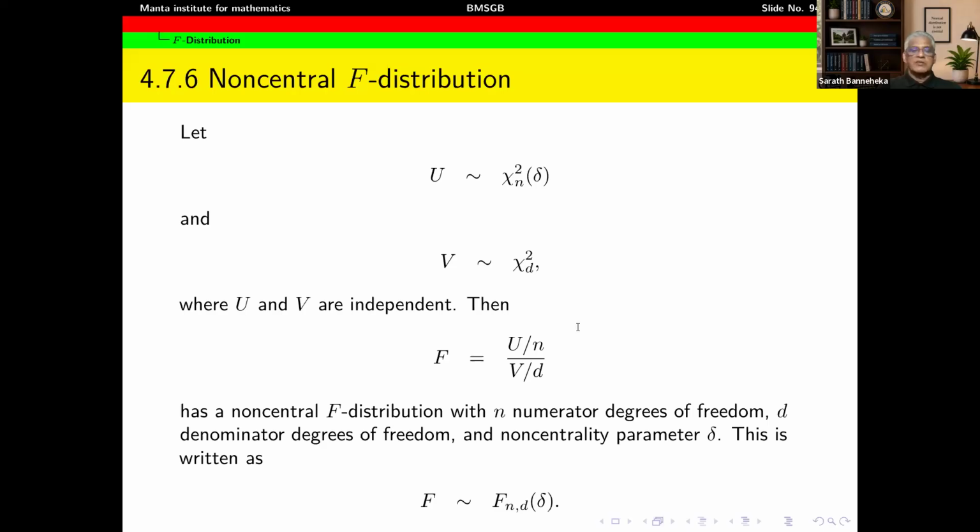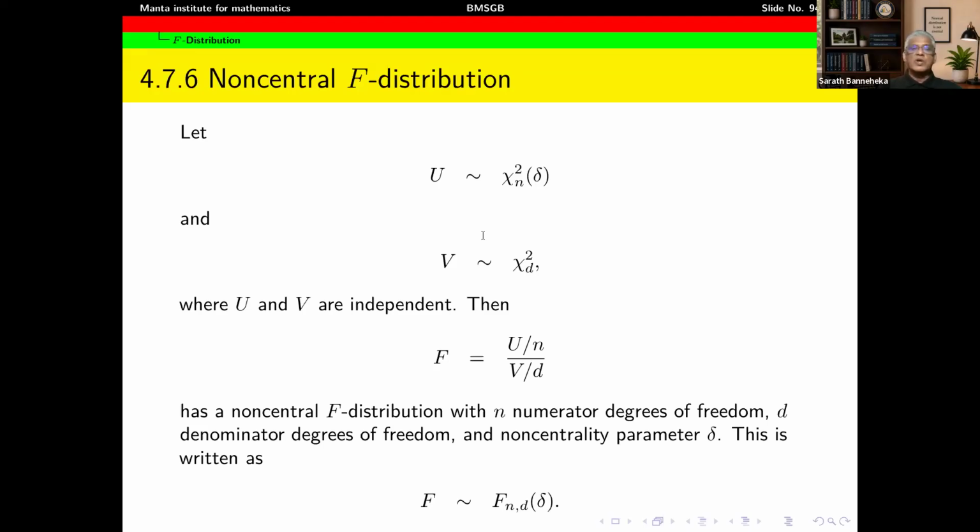We know a central F distribution arises as the ratio of two independent chi-squares divided by their corresponding degrees of freedom. U has a chi-square n distribution, V has a chi-square d distribution, and both are central chi-squares, and U and V are independent. In that case, this ratio has a central F distribution.